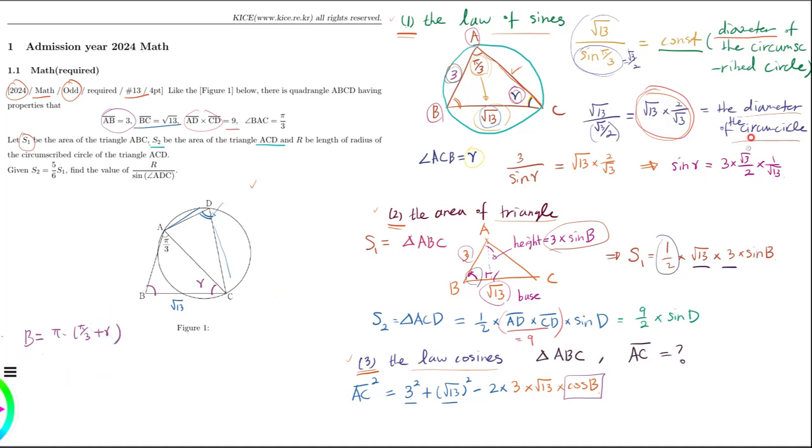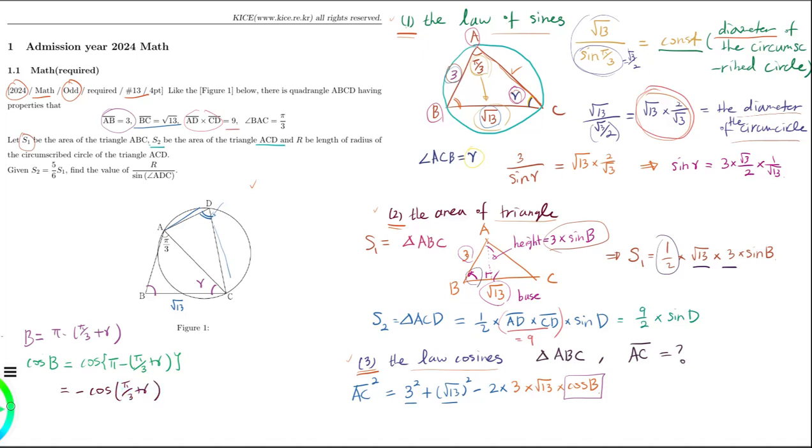So if you remember the angle sum rules for cosine, capital B equals pi minus pi over 3 plus gamma, and then this is the same as minus cosine of pi over 3 plus gamma.